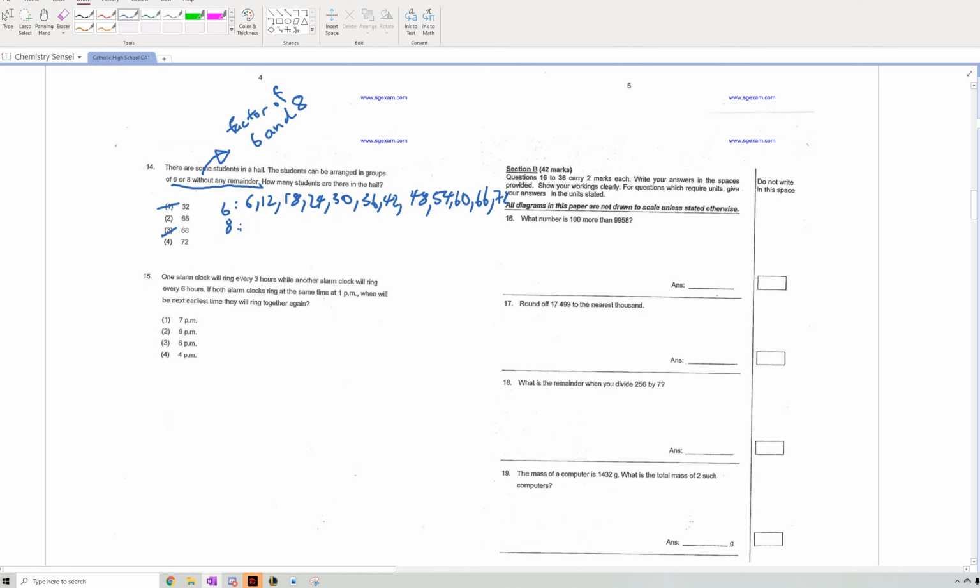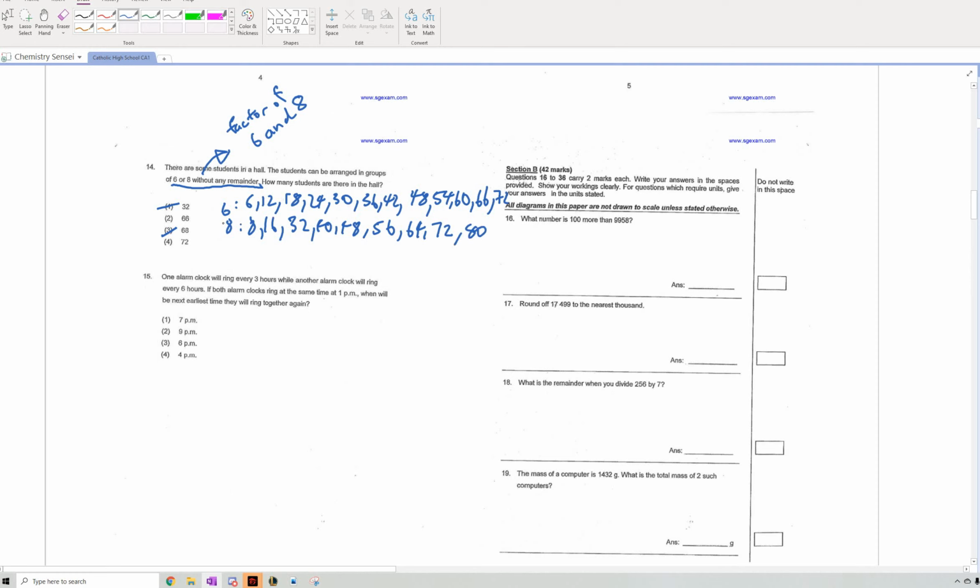Let's continue with the multiples of 8. So we have 8, 16, 24, 32, 40, 48, 56, 64, 72, and 80.